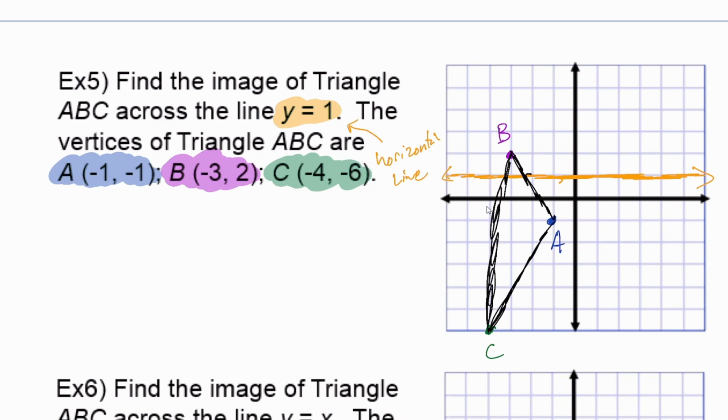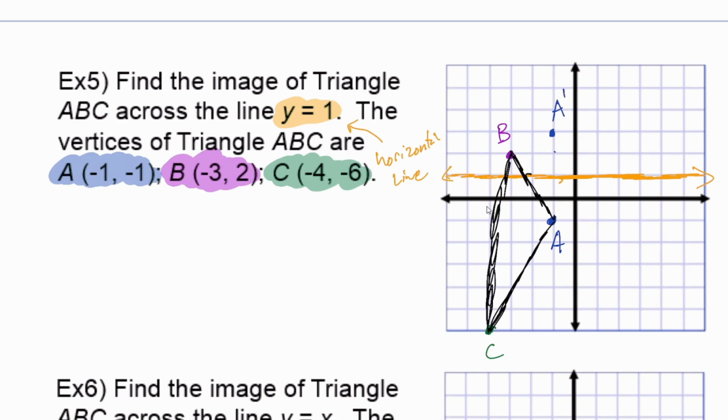So I'm going to repeat the process we looked at in the first example. And that is I'm going to look at, well, how far is A from my line? So I'm going to go up 1, 2, and then I bump into this line here. And that means I'm going to be 2 above from my reflected point. So I'm going to go from my line 1, 2.